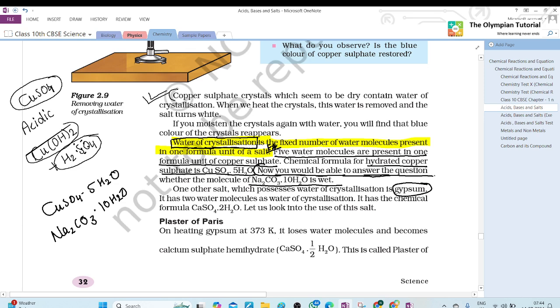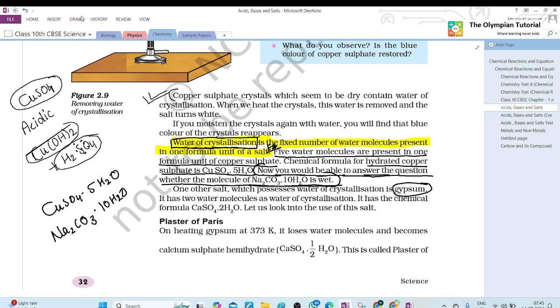Now you would be able to answer whether the molecule of Na2CO3.10H2O is wet. Who will reply? Will it be wet or dry? Ma'am, it will be wet.